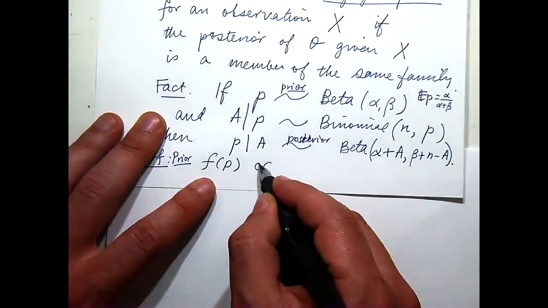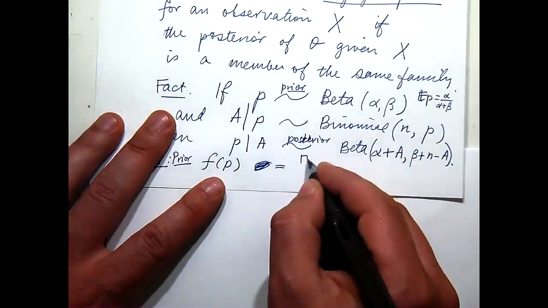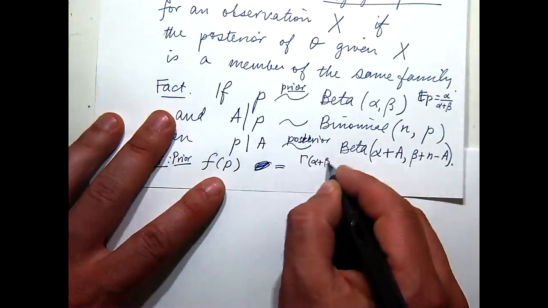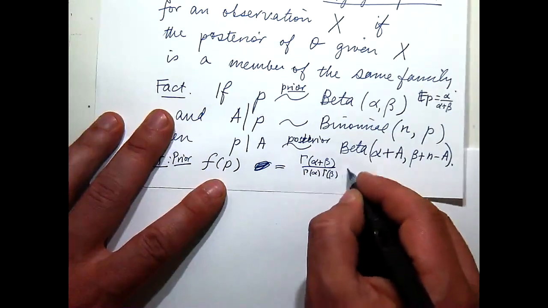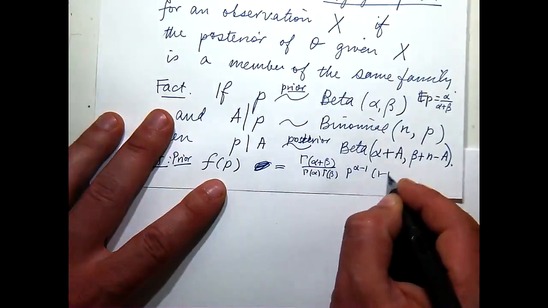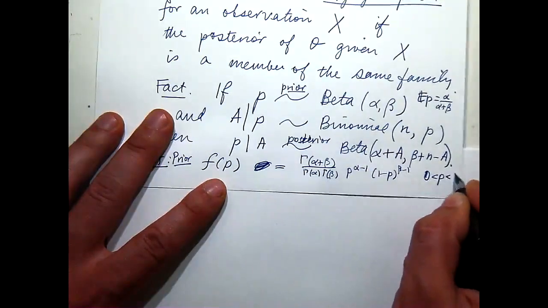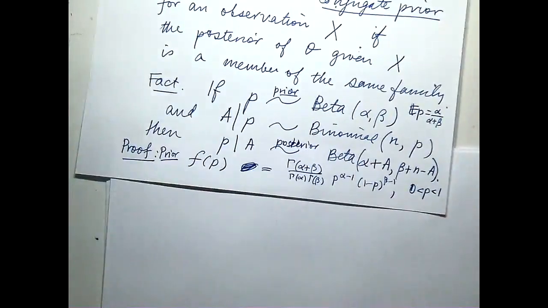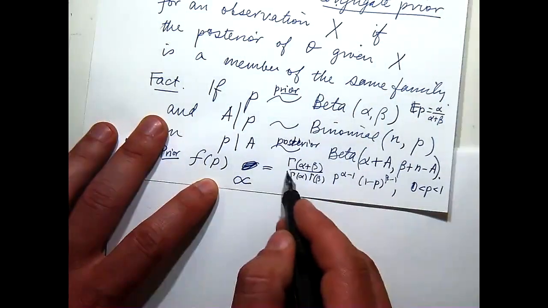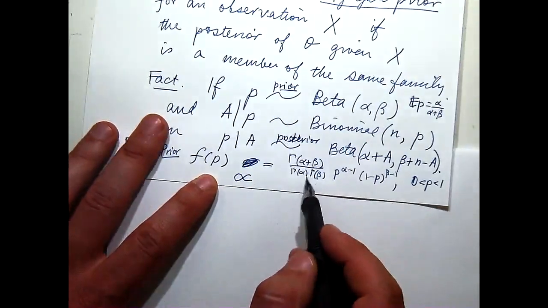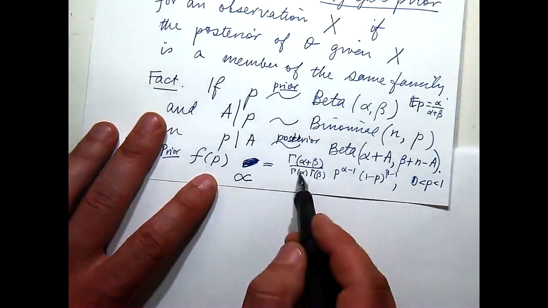Now, okay, well, it's exactly gamma of alpha plus beta divided by gamma alpha gamma beta, p to the alpha minus 1, 1 minus p to the beta minus 1, for 0 less than p less than 1. That is the prior density. Now, I'm just going to do a little cop-out and say alpha and beta are constant, and I will be able to recover the appropriate constant at the end, so let's not bother with gamma functions.